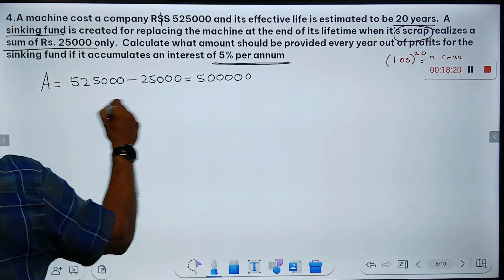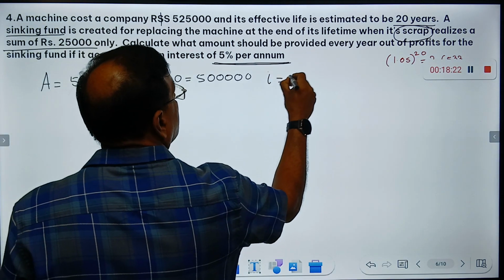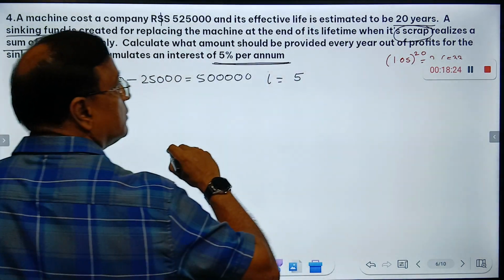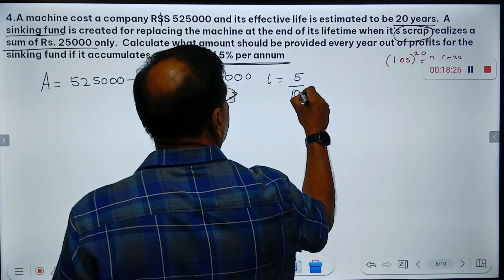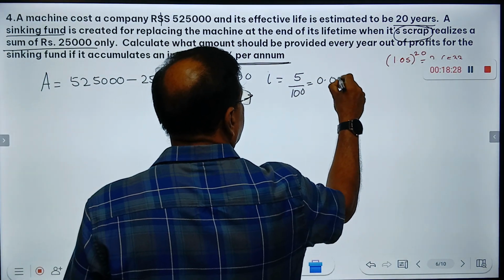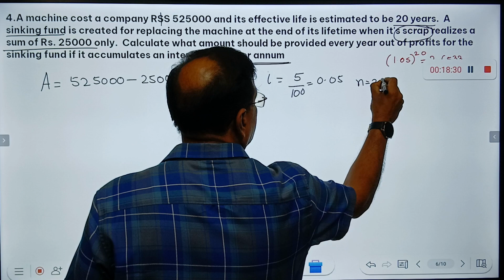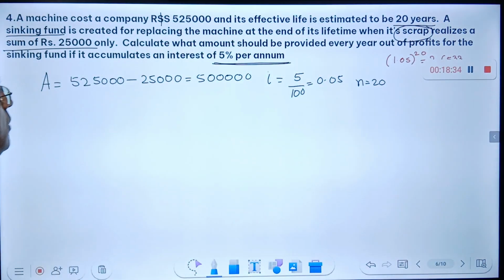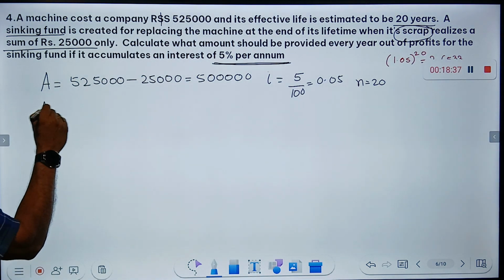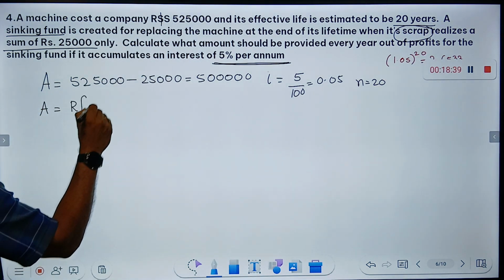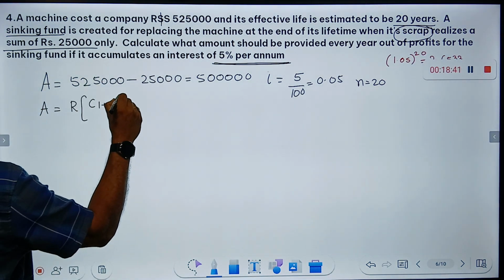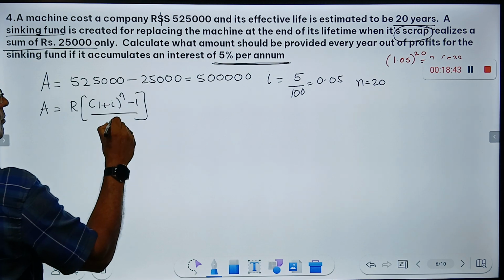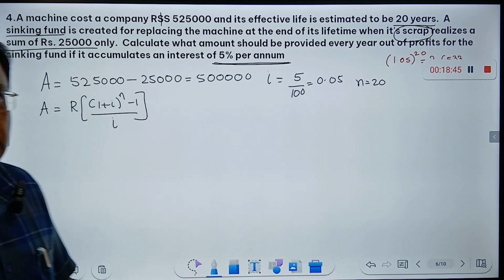Okay, now what is the interest rate? 5%. 5% is what? 0.05. And what is the number of years? 20. Correct? Now, what is the formula? Amount equal to R into 1 plus i power n minus 1 divided by i. Simple.